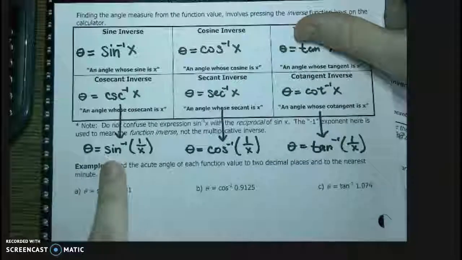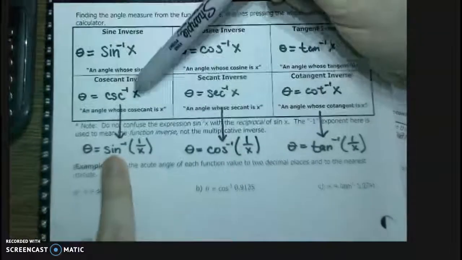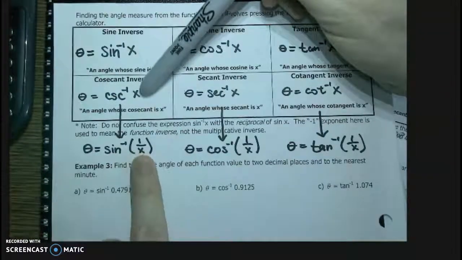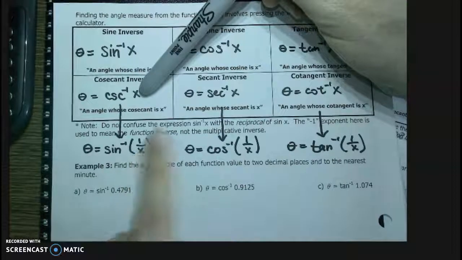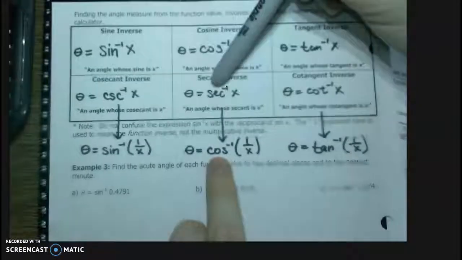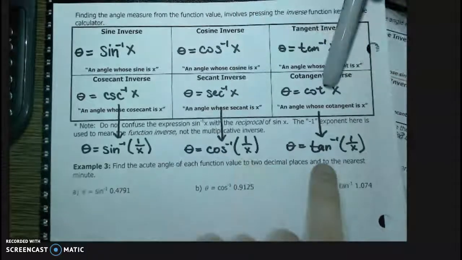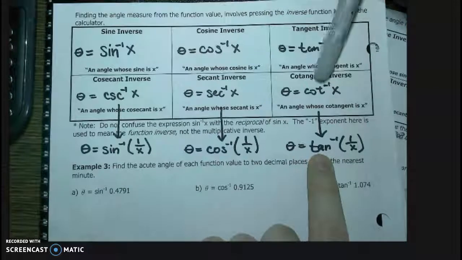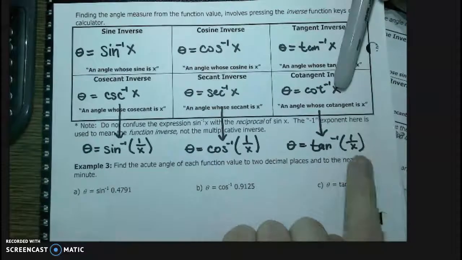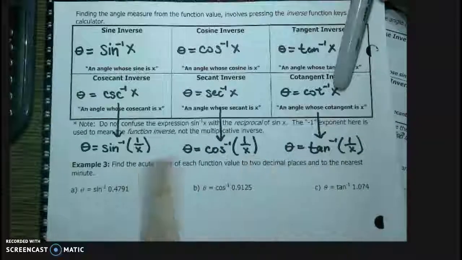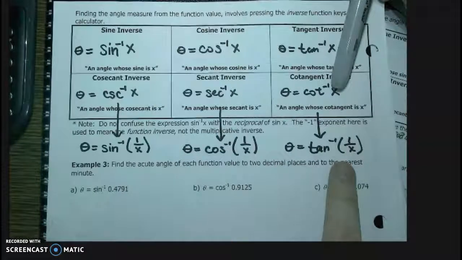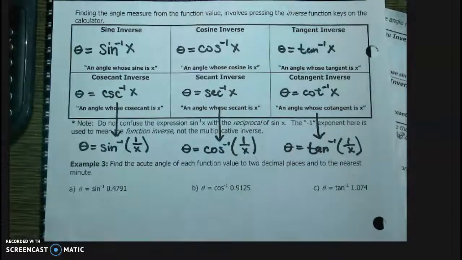Well, you'll hit the inverse sine for cosecant, but then you'll have to do 1 divided by whatever the number is. You have to do inverse cosine for secant, but 1 divided by whatever the ratio is. Inverse tangent for cotangent, but you have to do 1 divided by, and this is inside the parentheses that you're dividing. So let's answer the following questions below.